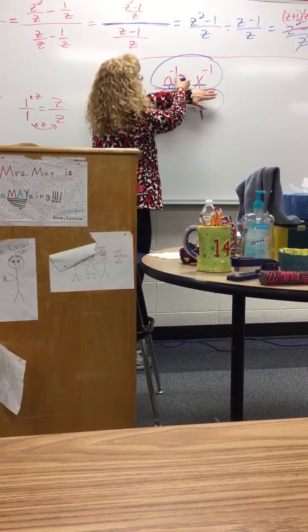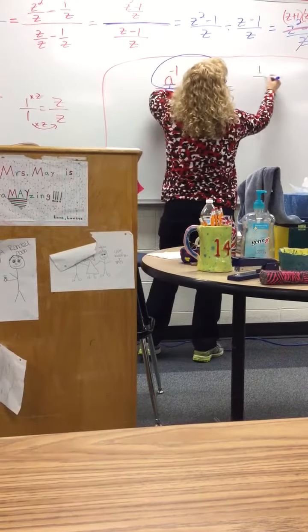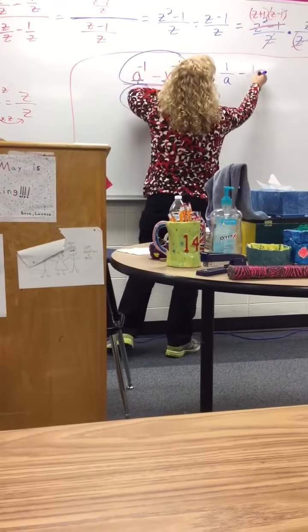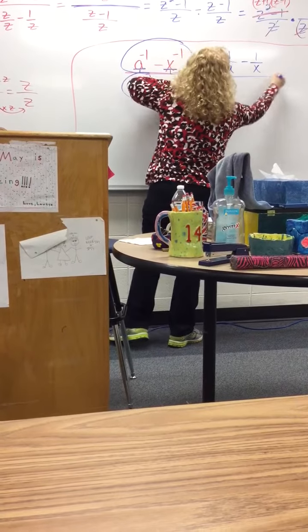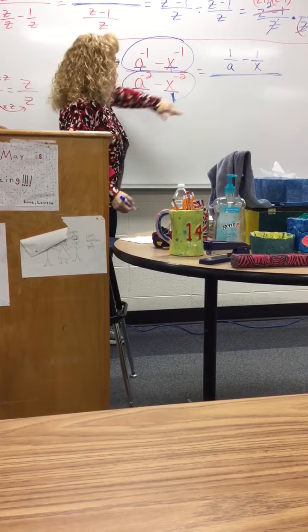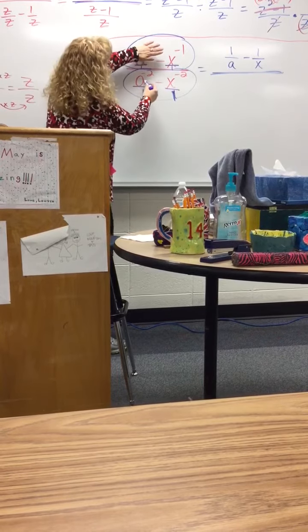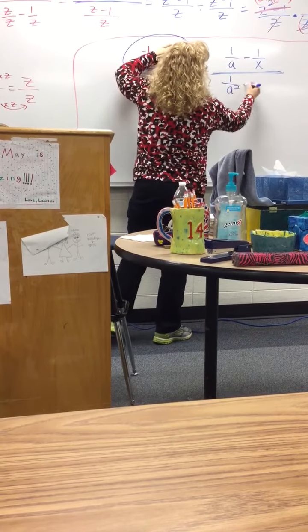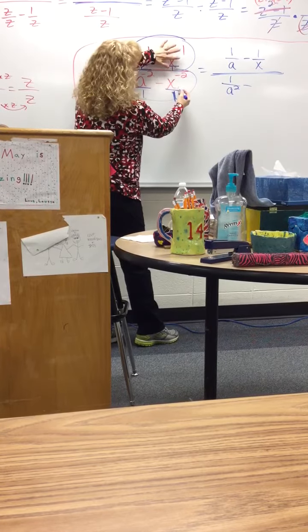How do I write a to the negative 1? It's 1 over a. How do I write x to the negative 1? And it sort of stays in the big numerator. Same thing with these. How do I write a to the negative 2? I bring it down. How do I do x to the negative 2?